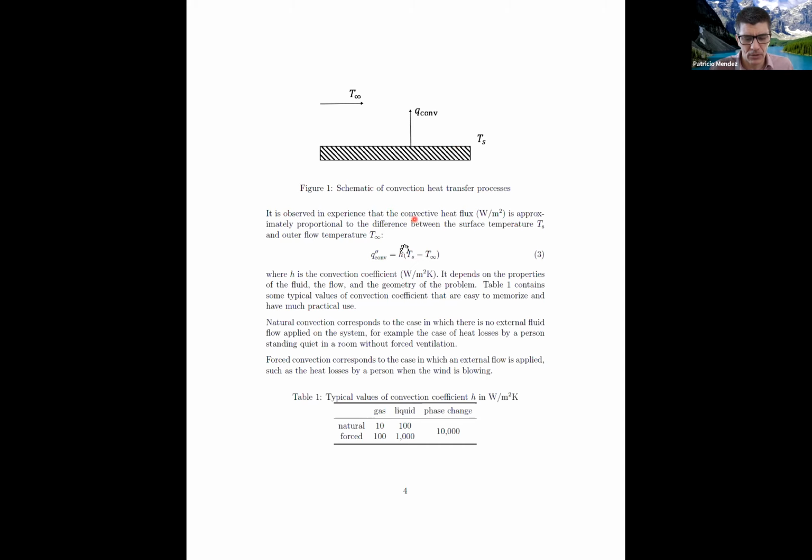And the coefficient of proportionality is the convection coefficient, h. And h is the reason why we call enthalpy i in this class. So how much heat am I losing through a surface by convection is this convection coefficient h multiplied by the temperature difference between the surface and the fluid far from the surface.